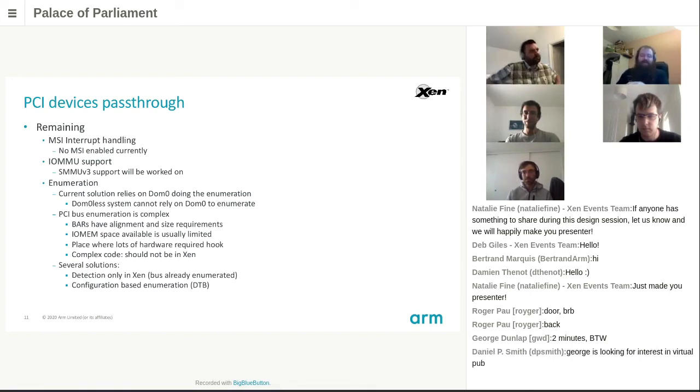So it doesn't fully require DOM0 to be Xen aware, and in particular, I think the close development between Xen and Linux in the past has led to some poor design decisions, which would be better if we could undo. Okay, yeah. I agree it would be better not to have any dependencies on DOM0.